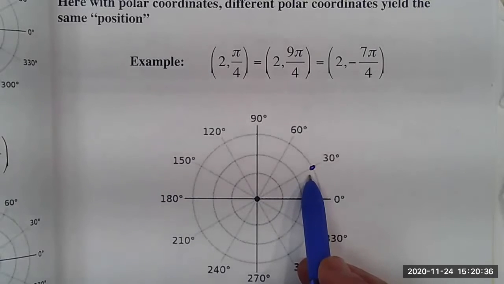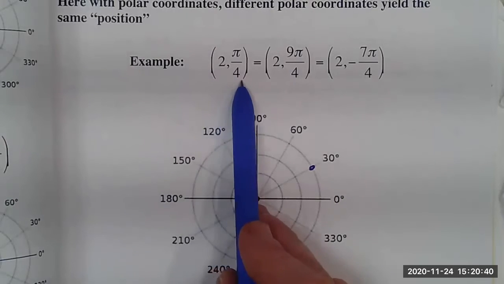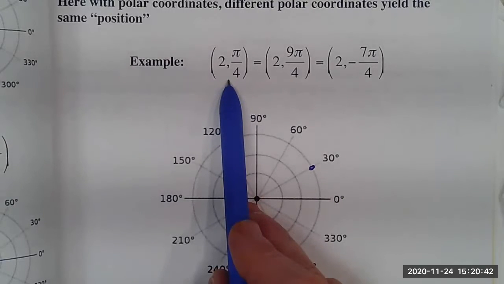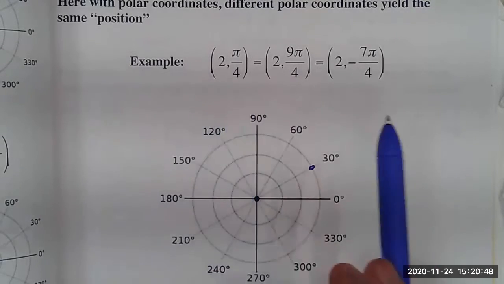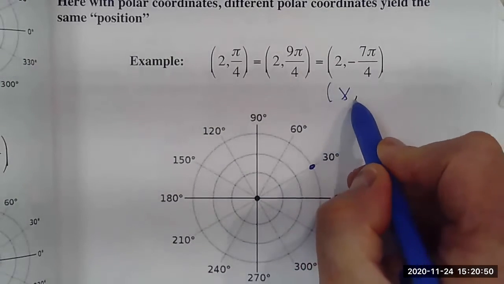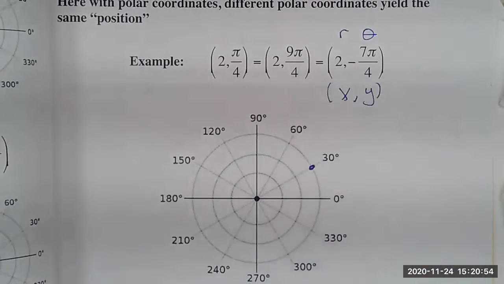So you're going to be converting what's called polar coordinates into rectangular coordinates. Rectangular would be X and Y. This is R and theta right there. So I'll show you how to do that.